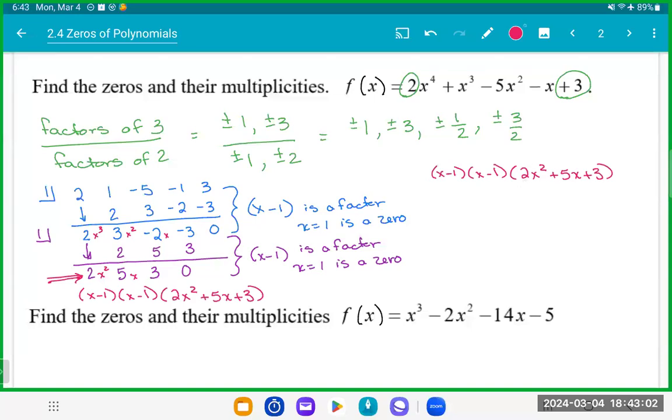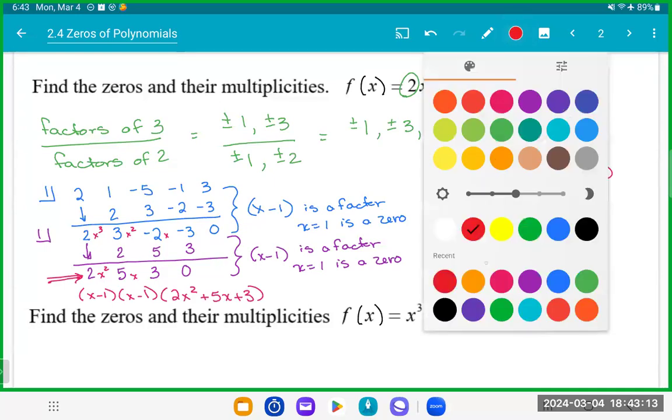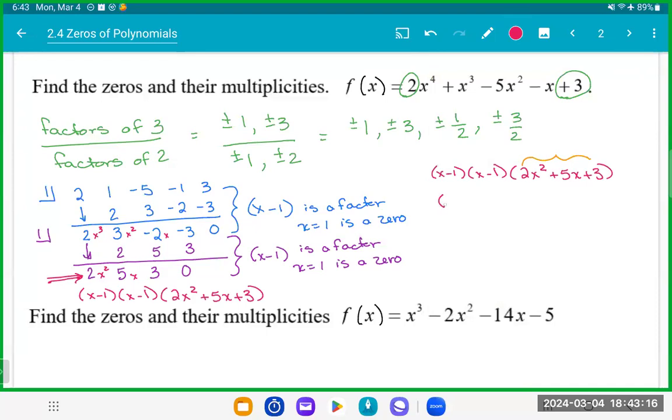So we can factor this piece of the polynomial a little bit further. And so we can factor that so that we have x minus 1, and this becomes 2x plus 3, x plus 1. So by using our synthetic division, we were able to factor that polynomial into all of its zeros, right?